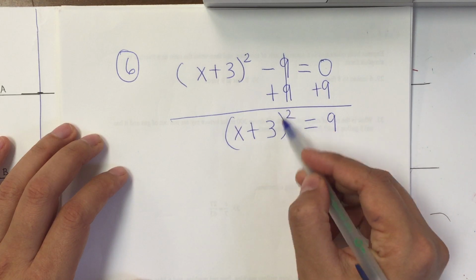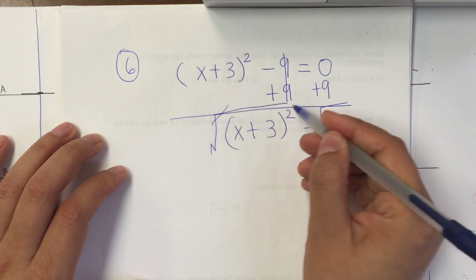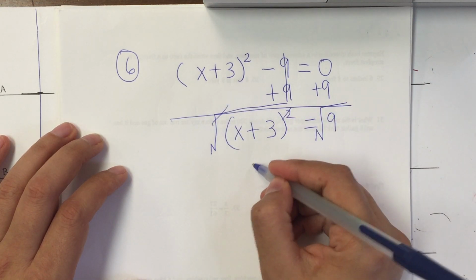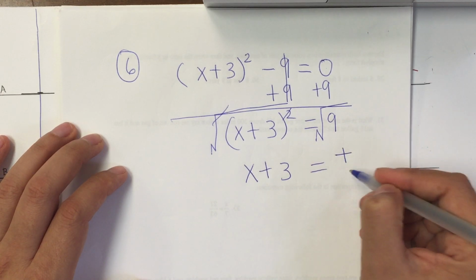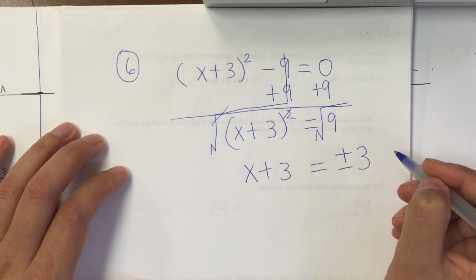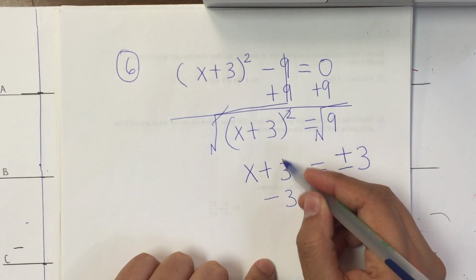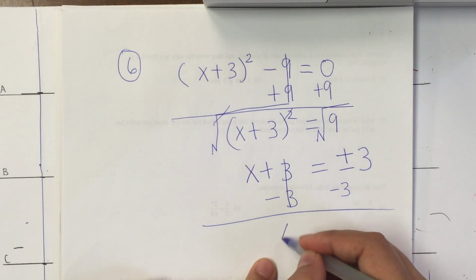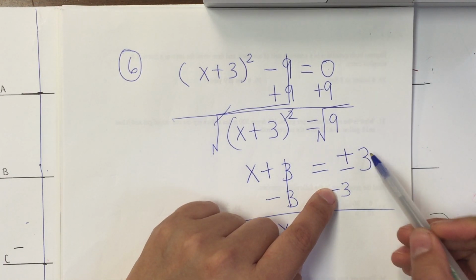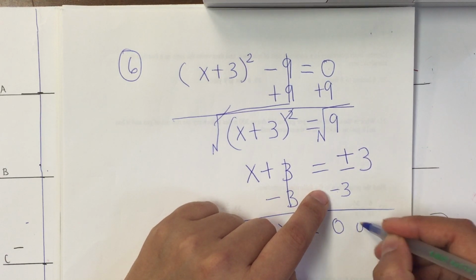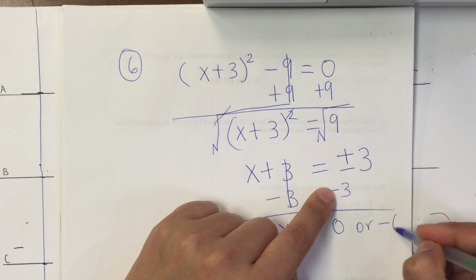Now I can get rid of the square, and the opposite of the square is square root. I do that to both sides. And so I get x plus 3 equals plus or minus 3. I subtract this 3 from both sides. And so x equals negative 3 plus 3, that's 0, or negative 3 minus 3, that's negative 6.